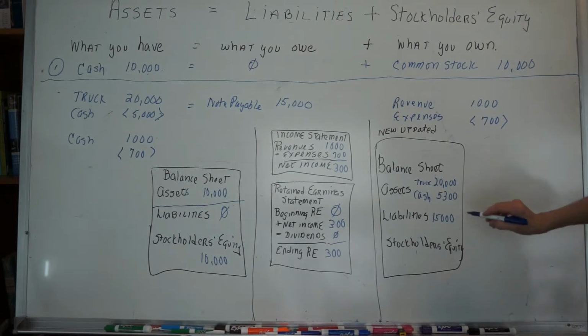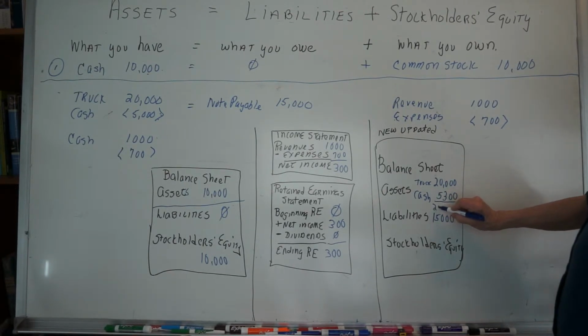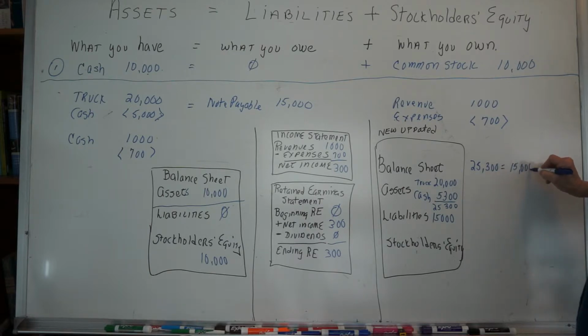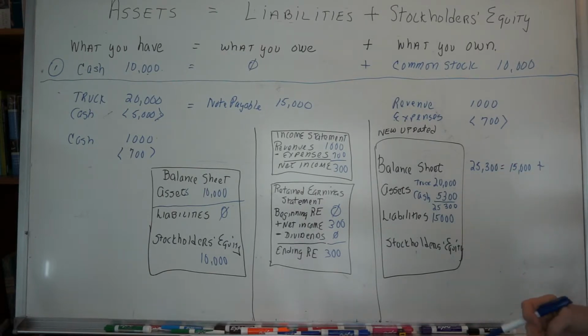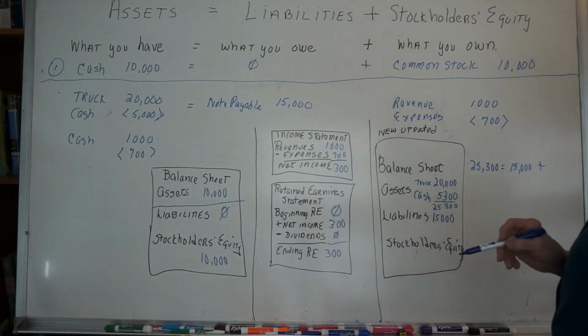Okay. So if we add this up, we've got 25,300 in assets. So 25,300 should equal 15 plus our stockholders' equity. And so now's the time we see if I've totally goofed this one up.